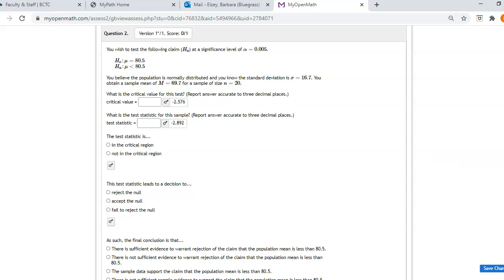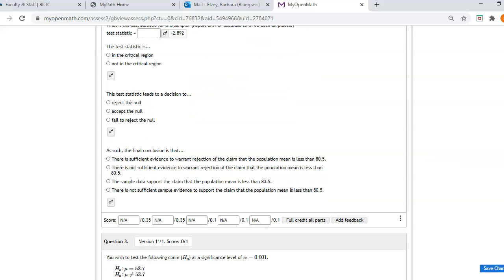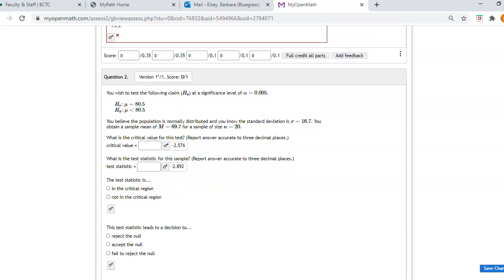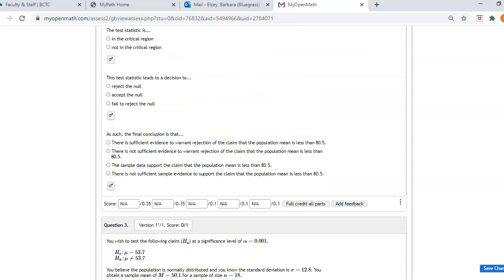Let's take a look down here and find something that says there's evidence to support our alternate, and our alternate is that the mean is less than 80.5. There is sufficient evidence to warrant rejection of the claim that the... no, we don't want to reject the alternate. There is not sufficient evidence... no, we know there's evidence.